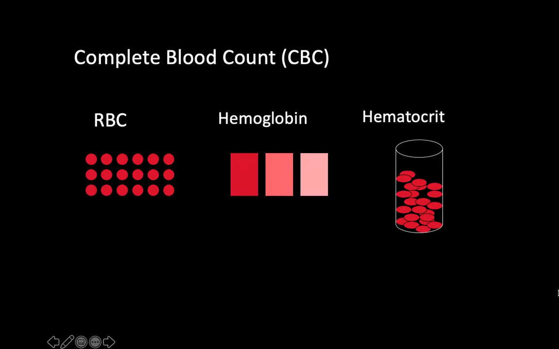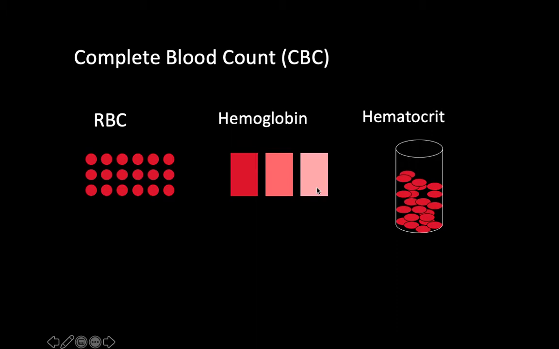So for instance, if you have a hemoglobin molecule that has 0 oxygen bound to that molecule inside of our red blood cell, you look at that red blood cell and it looks much, much lighter in color. So you get this super light pinkish type of color.